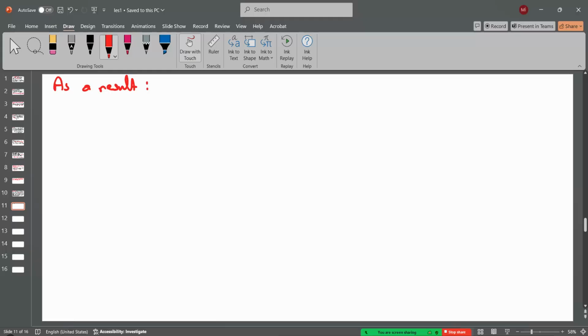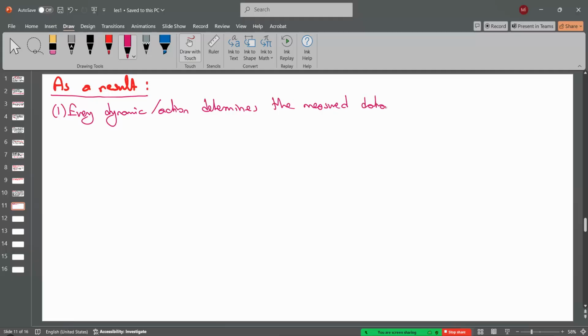Every dynamic or action, this is the general name of the dynamic. Dynamic is dependent on time, but action is a universal name for this. It determines the measured data from nature, right?